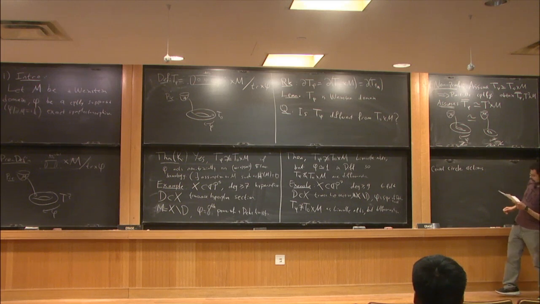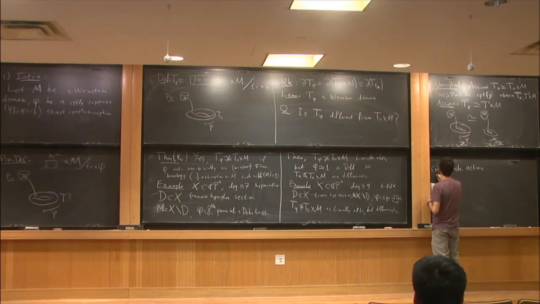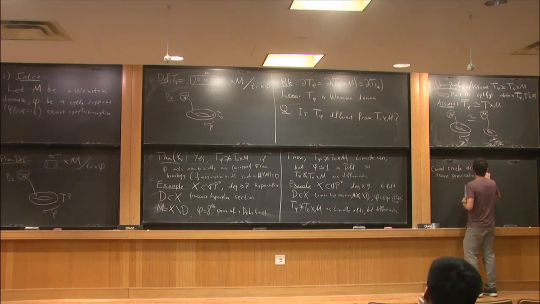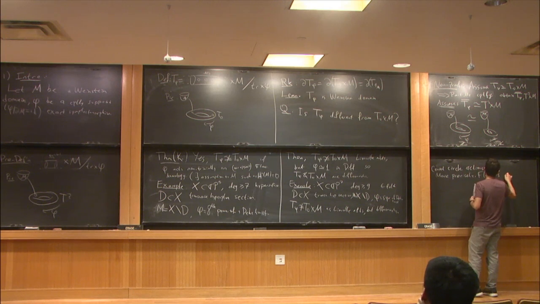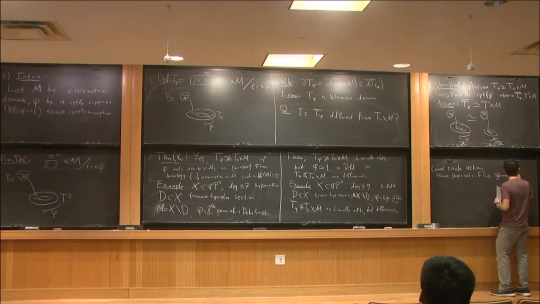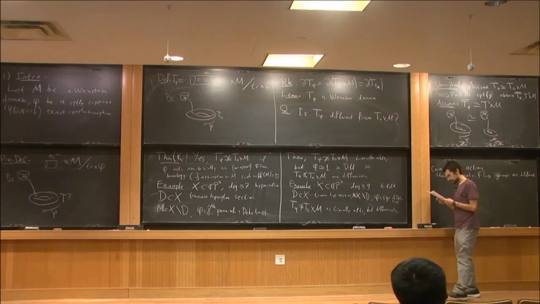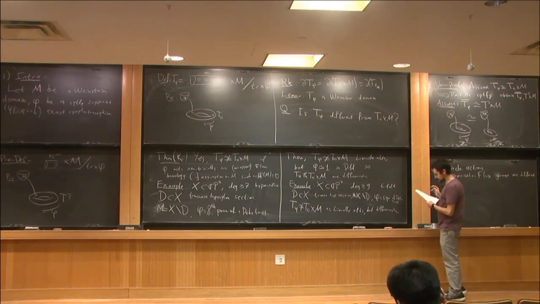So, a slightly more precise way of stating this is that flux groups are different. I will not say anything else about flux groups. It's not important for the rest of the talk.